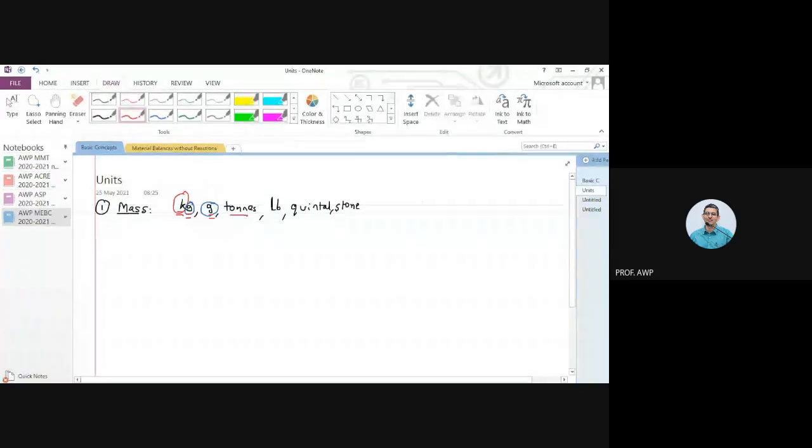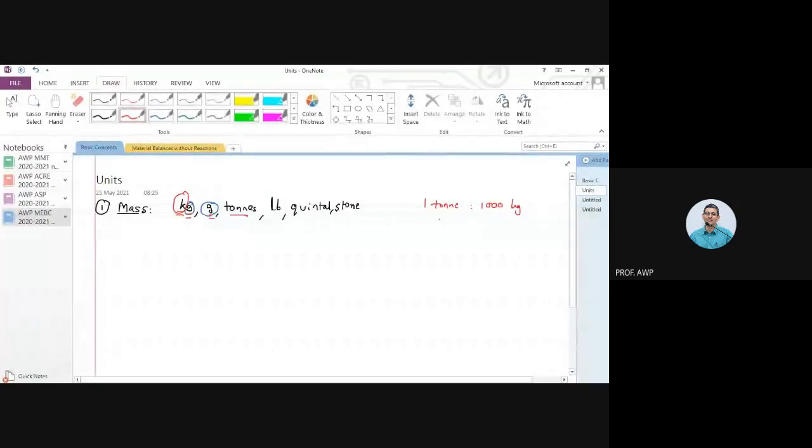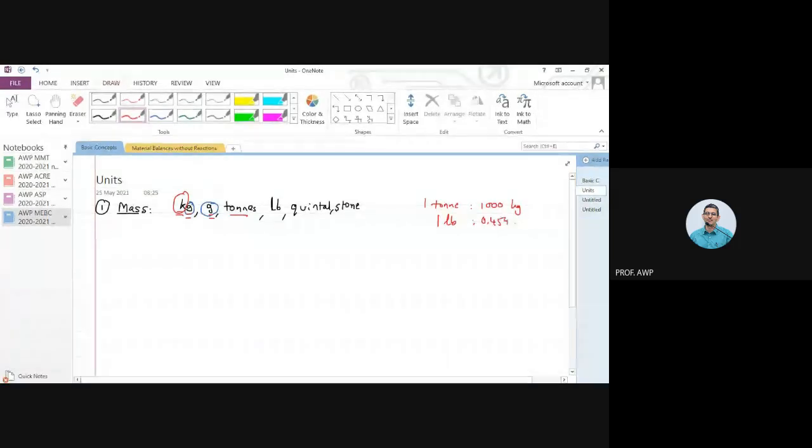So 1 ton is 1000 kgs, 1 pound is 0.454 kgs, 1 quintal is 100 kgs. It's very easy, very straightforward.